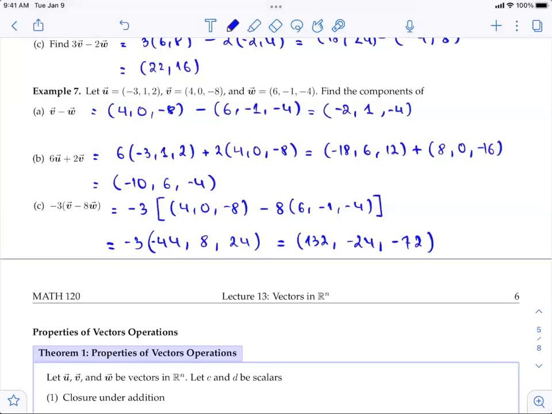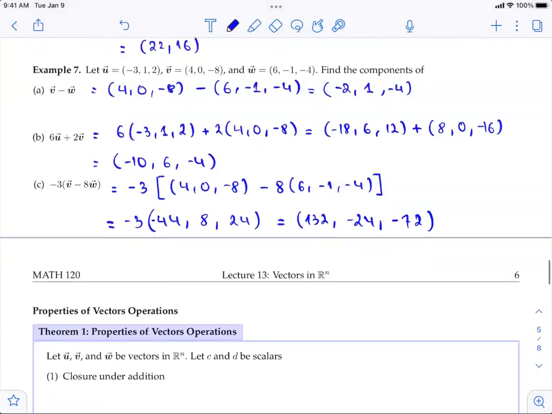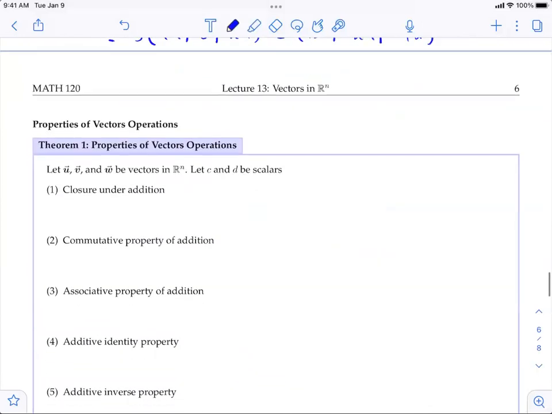So that is the vector additions, vector subtractions, and scalar multiplications on n-dimensional vectors. In this case, we're just going to perform some easy calculations on two-dimensional vectors and three-dimensional vectors. In the next page, we're going to look at different properties of vector operations.